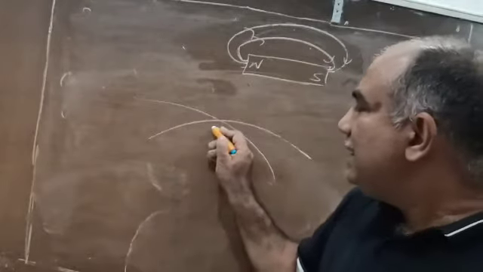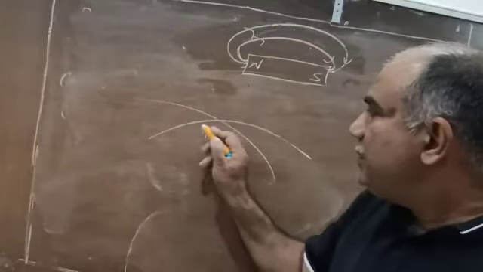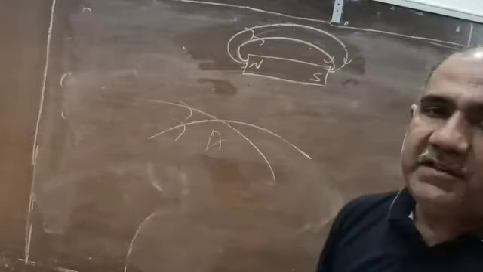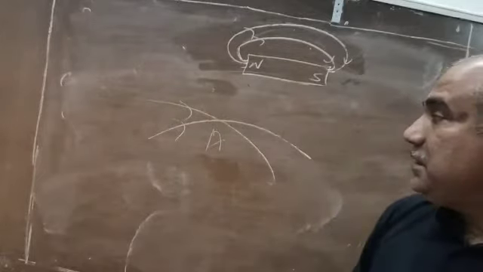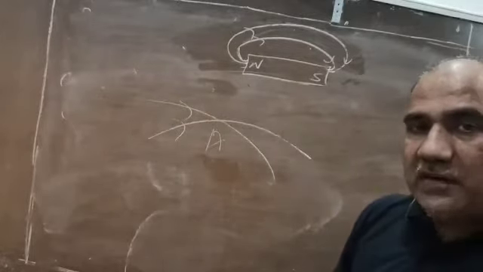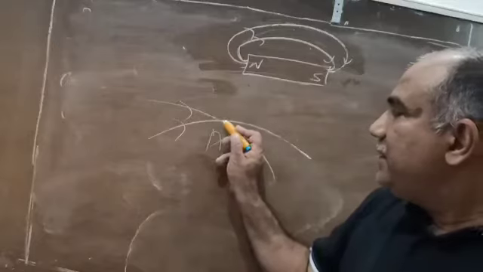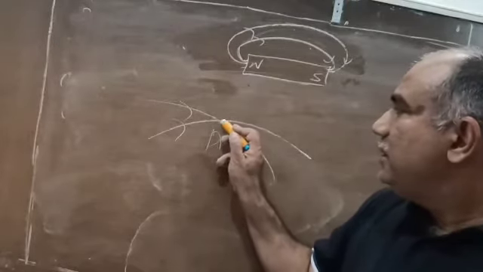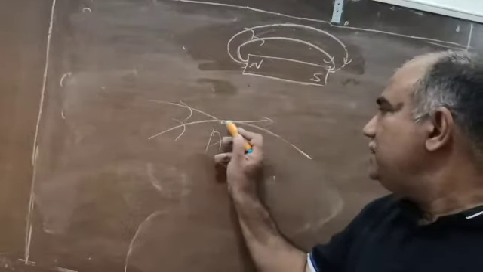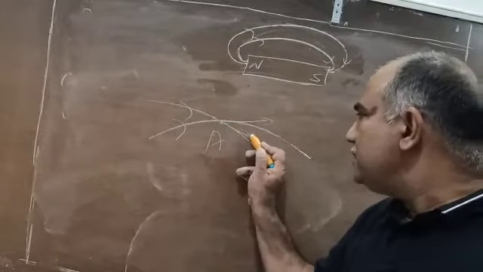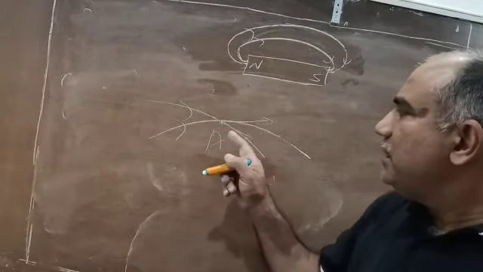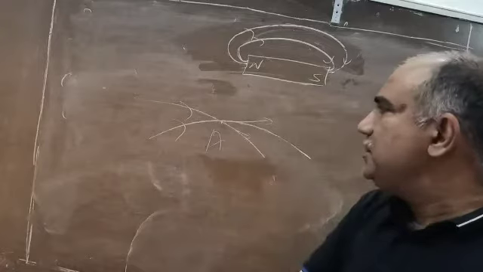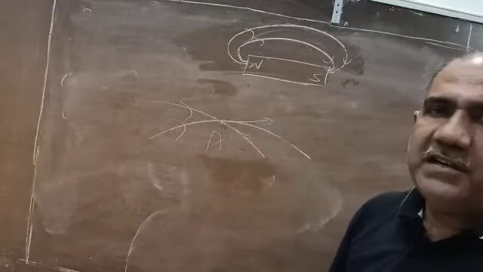Let us say at point A, these two magnetic field lines intersect. That means if you want to draw a tangent at this point, one will be like this and another will be like this. That means you can draw two tangents at the same point of intersection.